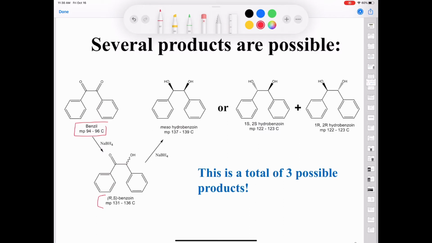As far as the reduction of both carbonyls goes, we could either reduce both of them to end up with the meso product, or we could end up with an enantiomeric mixture of 1S,2S and 1R,2R hydrobenzoin. Now keep in mind that the 2 enantiomers that I have here with this red sign next to them are going to be diastereomeric to the meso product.